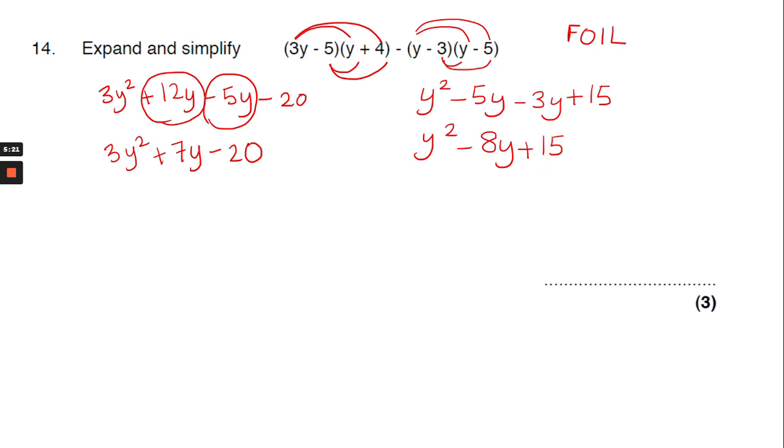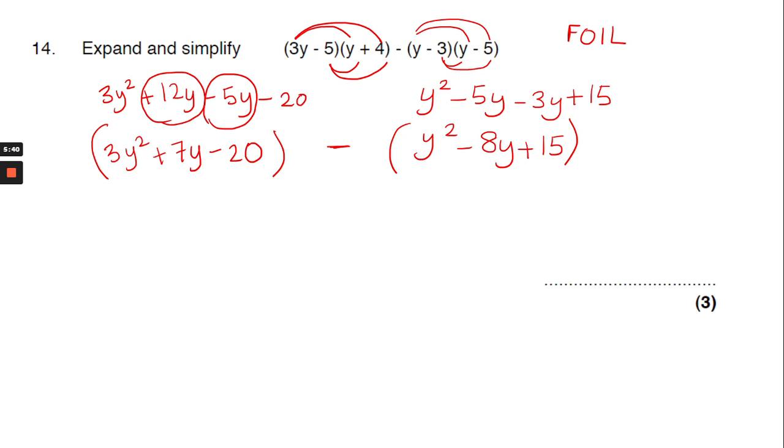Okay. Now with these two expressions, I've got minus in between them. So I'm going to put a minus in between them here. Now don't forget to put the second expression in brackets, as it will help you see what becomes a negative and what becomes a positive.